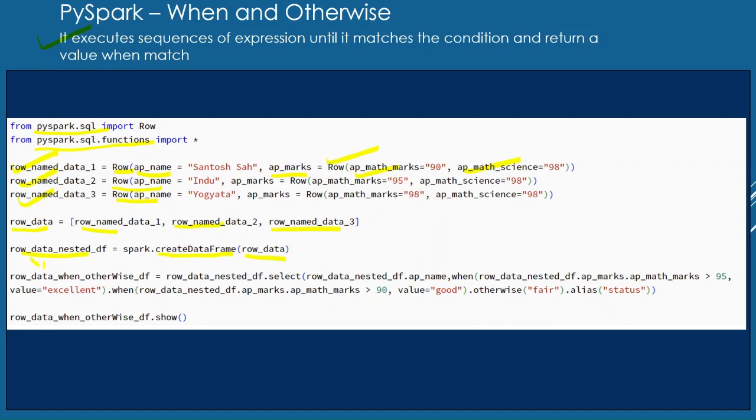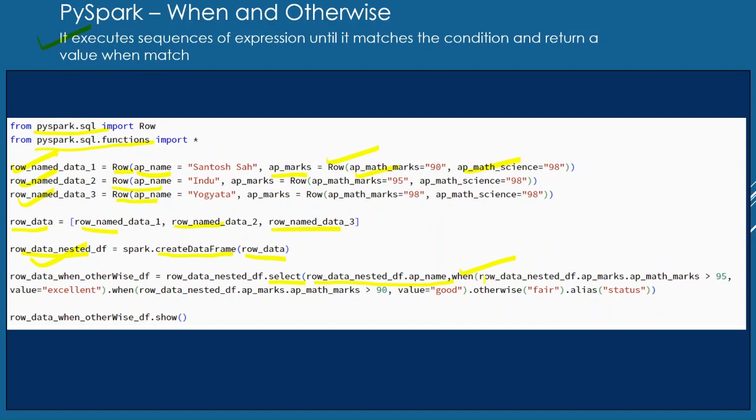When this data frame gets created, I am calling the select function and passing the column name which we want to select. This is the first column name which we want to select, and here we are calling the when function.